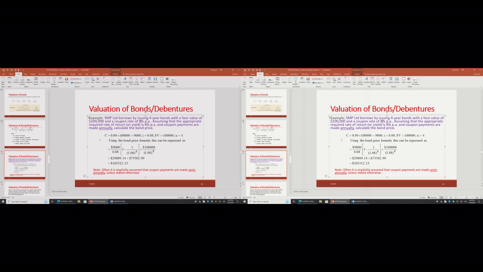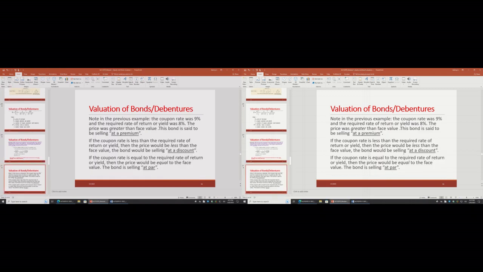If the bond is selling at the face value, we just call it selling at par. And if the bond is selling at a price less than the face value, we say selling at a discount. And if the bond price is greater than the face value, we say selling at a premium.